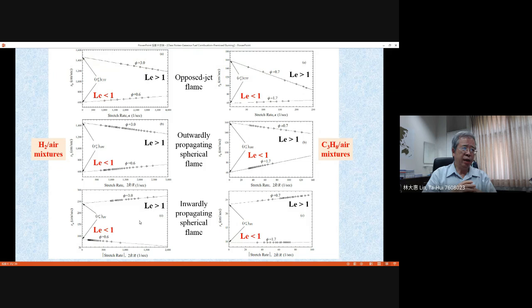But in this case, the mass diffusion is stronger, and mass diffusion is a negative effect. That means the stronger negative effect in the denominator compared with the weaker effect in the numerator means the flame burning strength will be reduced if you increase the stretch. Then you can see they continuously decrease. This is the three cases we just described, and the results are confirmed from our descriptions.